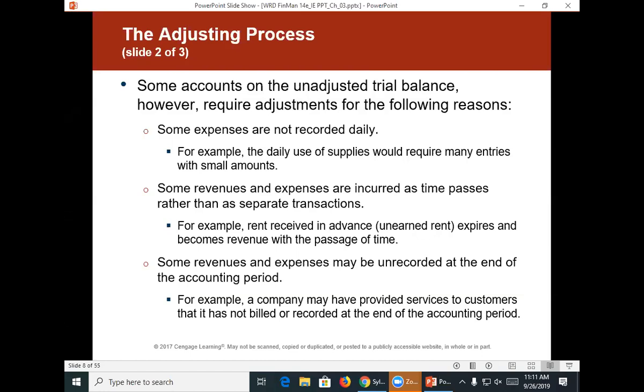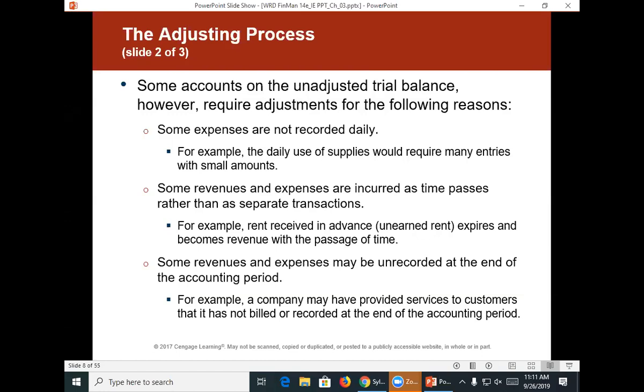When we originally paid for that rent, we debited prepaid rent and credited cash. Now we've been in that building for all 6 months. It's all been used up, so we need to expense out that rent. That would be the same for insurance. So any prepaid expenses are going to be recognized as an adjusting entry at the end of the period.